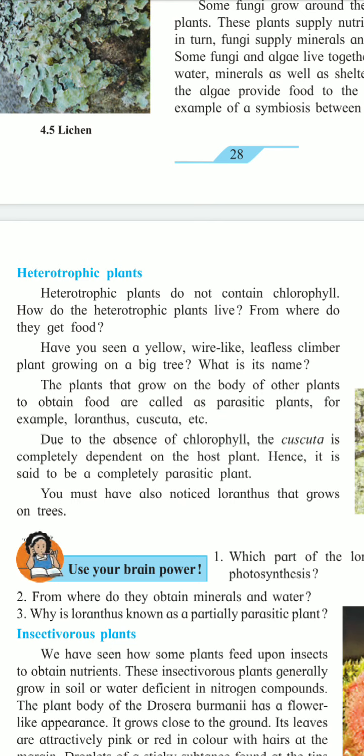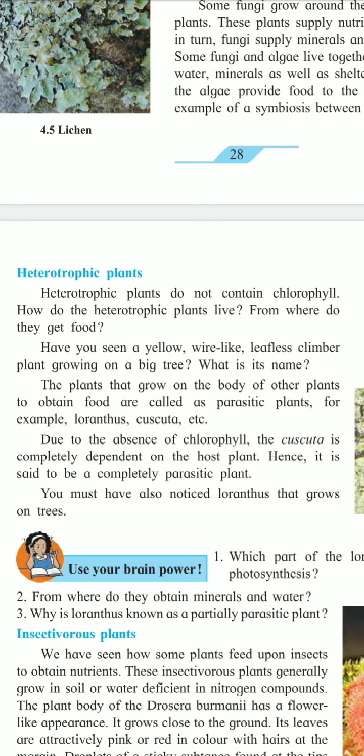But if chlorophyll is not there in the leaf, how do the plants survive? Have you seen a yellow wire-like leafless climber plant growing on a big tree? What is its nature? Have you ever seen a plant like yellow wiring, with only a stem and no leaves, that grows on another plant, students?